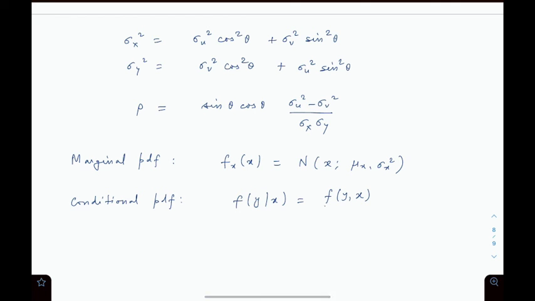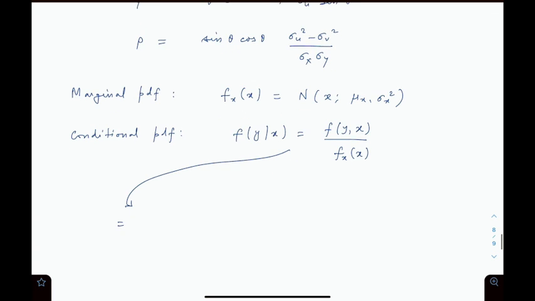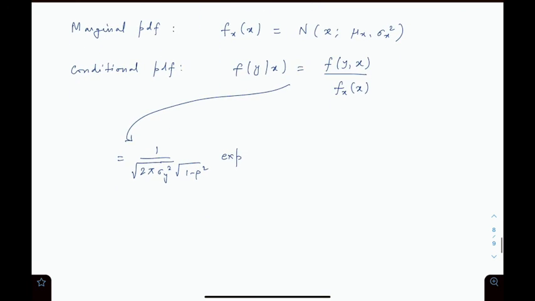This quantity can be written as 1 by square root of 2 pi sigma y square, 1 minus rho square, times the exponential of minus 1 by 2 sigma y square, 1 minus rho square, multiplied by y minus mu y plus rho sigma y by sigma x, x minus mu x, and we put a square on this whole thing.